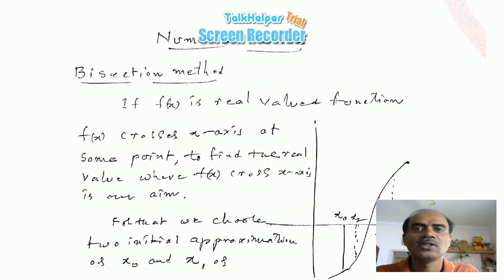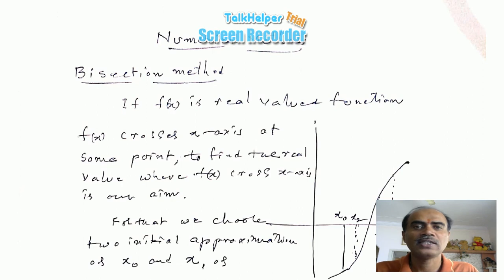So how do you choose the values? You have to choose the values of x such that the initial value f of x0 is either positive or negative, and similarly f of x1 is either positive or negative. You choose the values such that f of x0 and f of x1 have opposite signs.